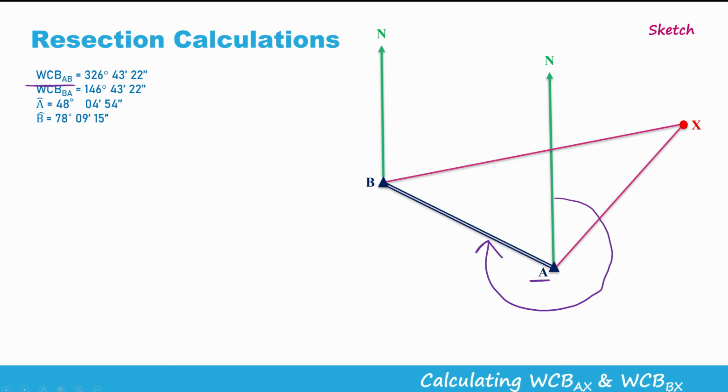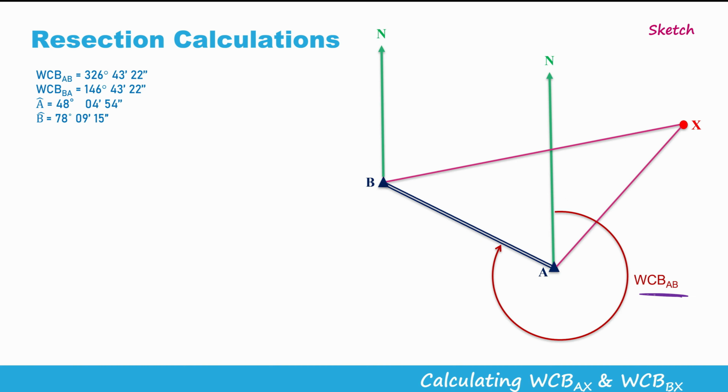The whole circle bearing of BA, I started with letter B, that means I'm over B. I will start from here, from north clockwise towards BA. So this is the whole circle bearing of BA.